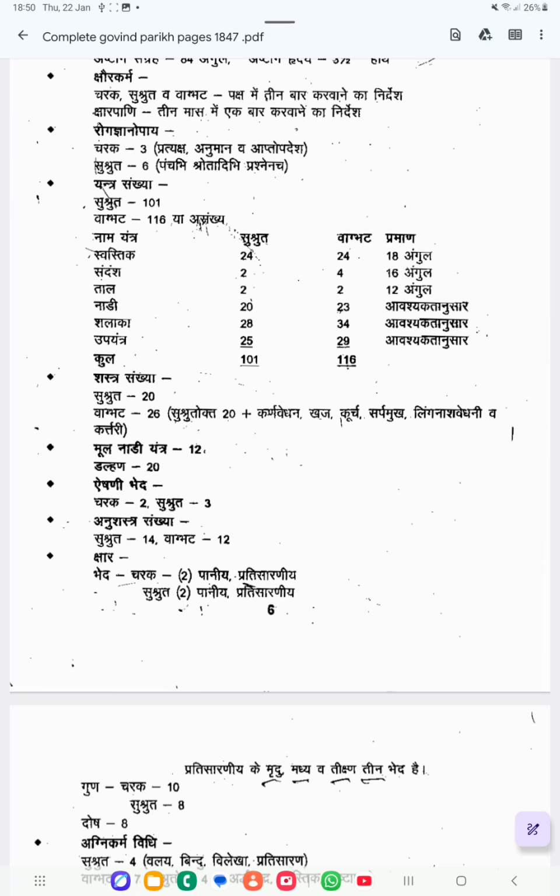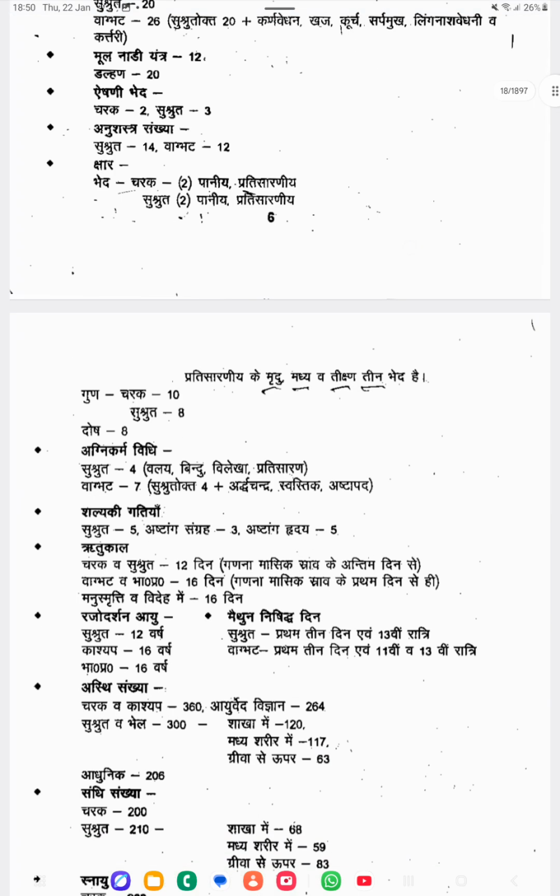So based on the usage, Paniya Kshara and Pradisaraniya Kshara are there. According to Sushruta also the same thing. This Pradisaraniya Kshara is again classified into 3 types: Mridu, Madhyama, Tikshna Kshara.